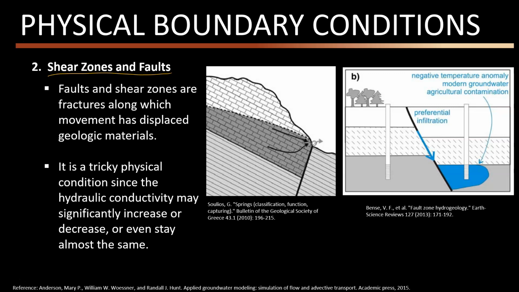Technically, two layers are displaced and these cracks are created. So this is another thing that we are usually interested to look at, and we sometimes want to extend the groundwater models until we reach these boundary conditions.